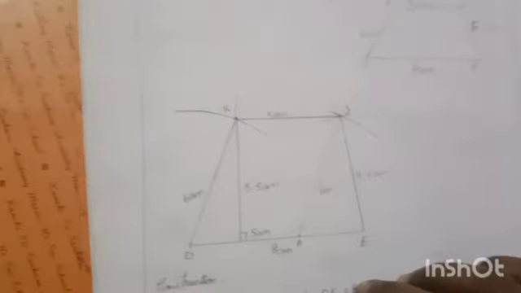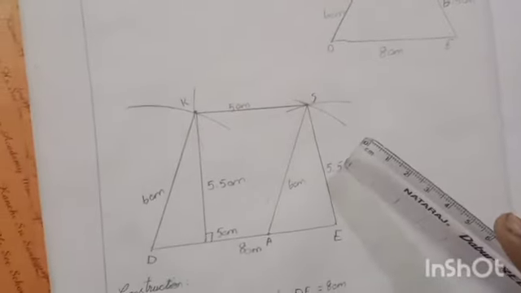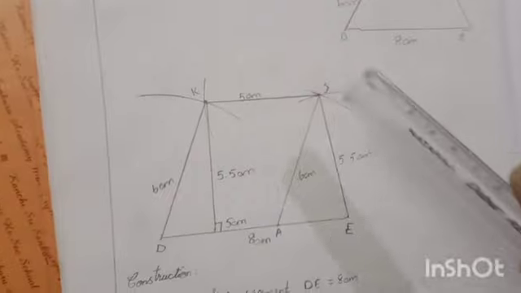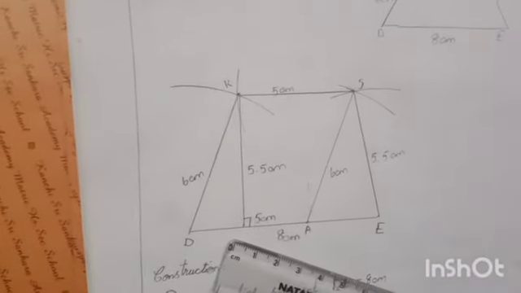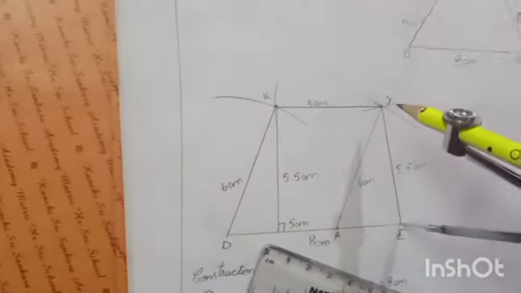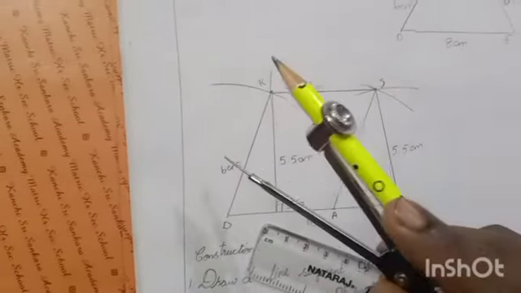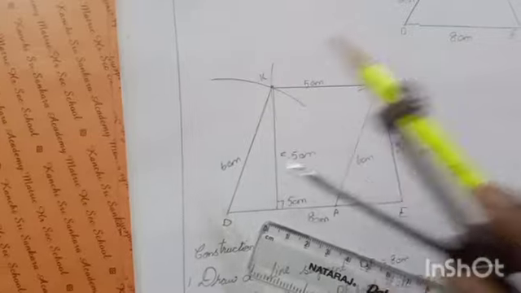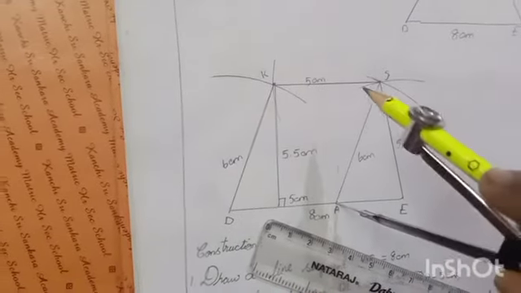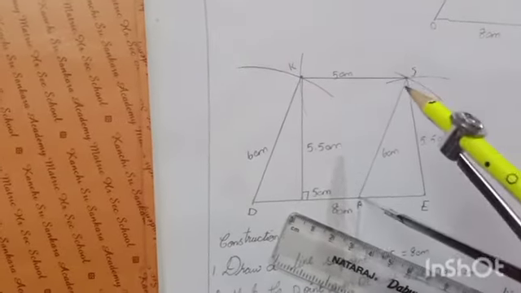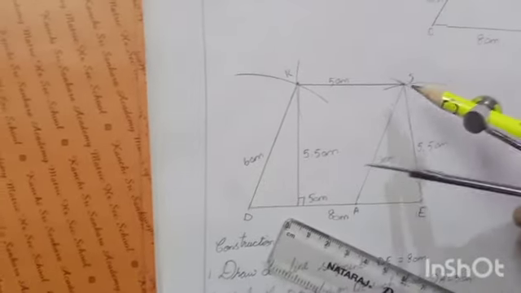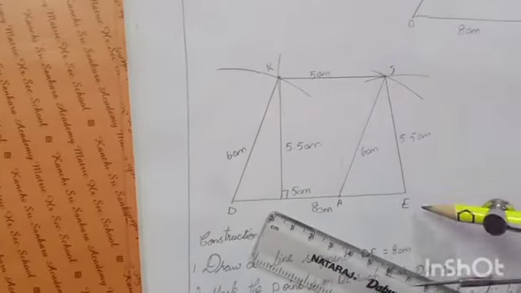Then for this, the measurement given is 5.5 centimeter, so ES equal to 5.5 centimeter. With the help of compass and ruler, draw one arc. Then 6 centimeter, the same measurement given here you have to use. Keep the compass on A and draw another arc. Mark this intersecting point, and join AS and EK.